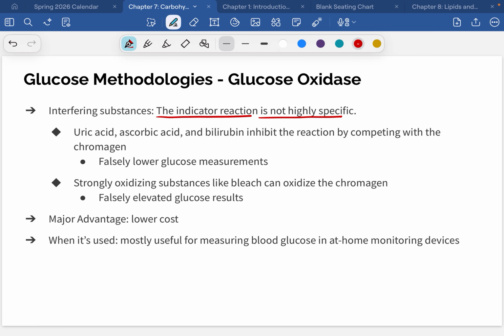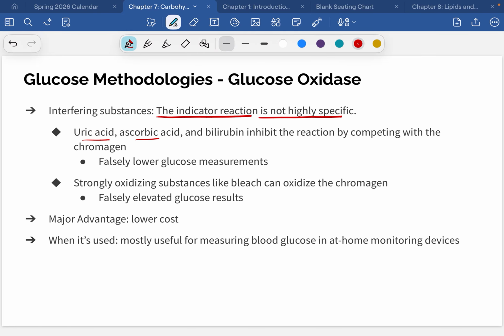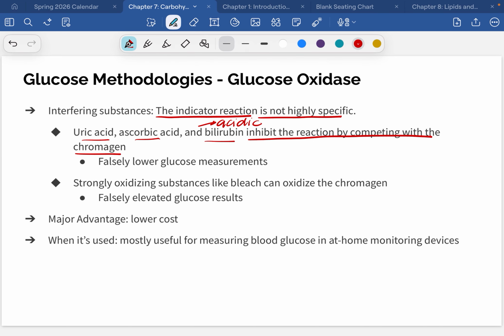So we will have some interfering substances because that indicator reaction is not very specific. Specifically, a lot of these acidic substances, uric acid, ascorbic acid, and bilirubin, these are all acidic substances, and they inhibit the reaction by competing with the chromogen.